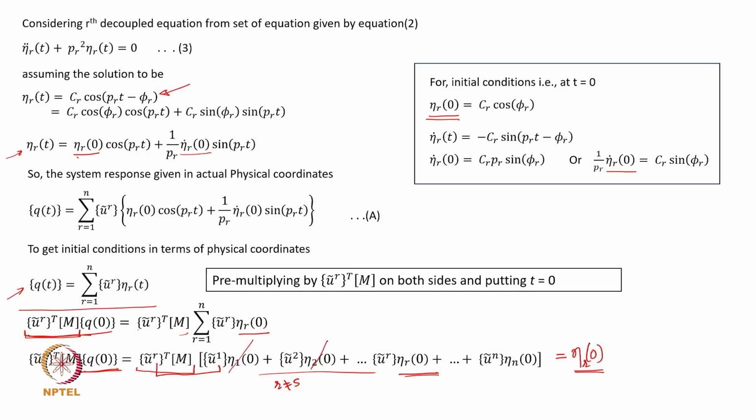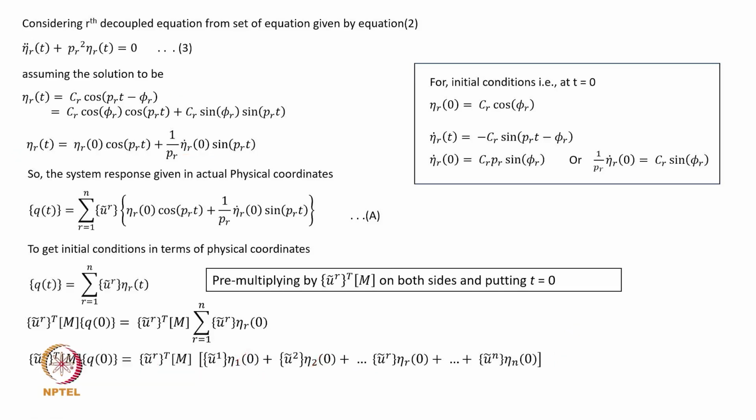You are not giving eta 1 naught, or eta 1 at t is equal to 0. Eta 1 actually physically does not exist in the scheme of things. Therefore, the whole purpose here is to express the initial condition in the modal or principal coordinate into the initial conditions in the physical coordinate.